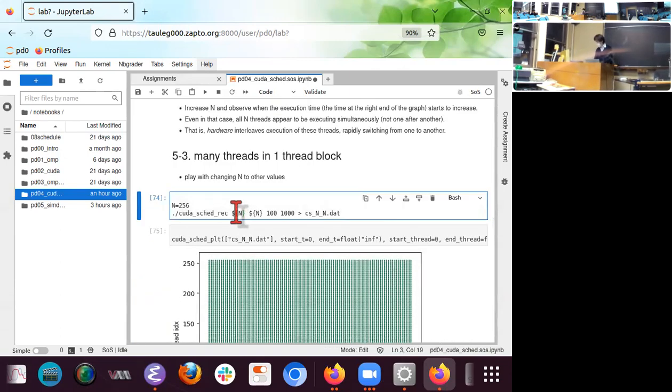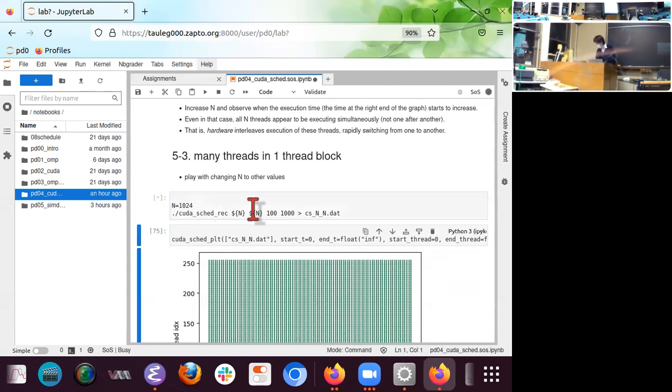And what if you make it even larger? I don't know if it is possible. So maybe it's not possible. There's some limit in the number of threads in a single block.